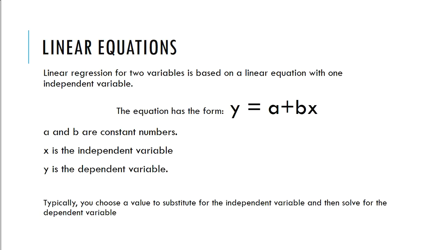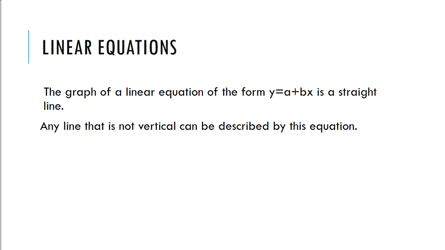Typically, you'll choose a value to substitute for the independent variable and then solve for the dependent variable. The graph of a linear equation of the form y equals a plus bx is a straight line. Any line that is not vertical can be described by this equation.